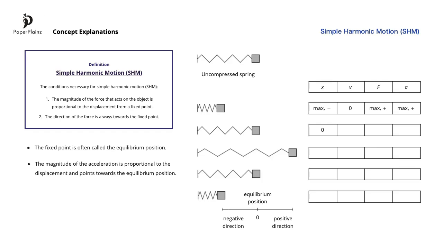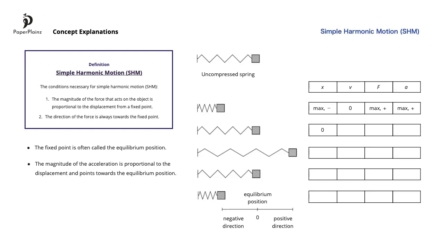For the velocity, picture the motion of the object from the first, so the most compressed, to the third, so the most stretched position. At the most compressed position, as we said, the object is at rest, so velocity is 0. And as the object moves to the right, it starts to speed up. After the object passes through the equilibrium position, the spring begins to stretch, and as a result, the object starts slowing down.